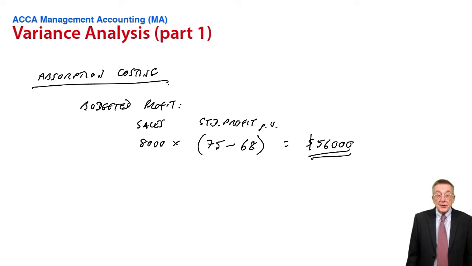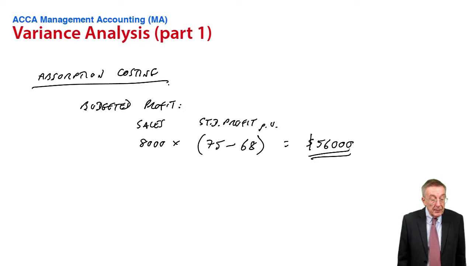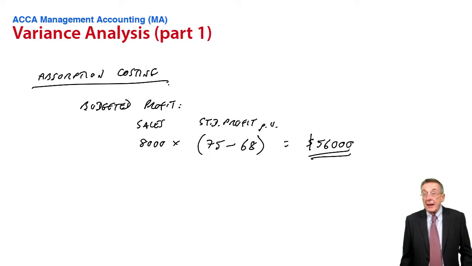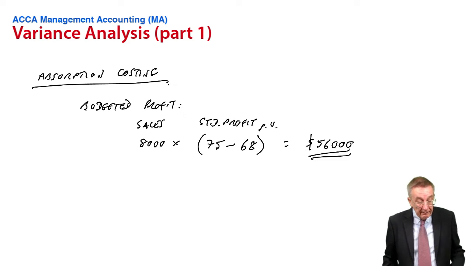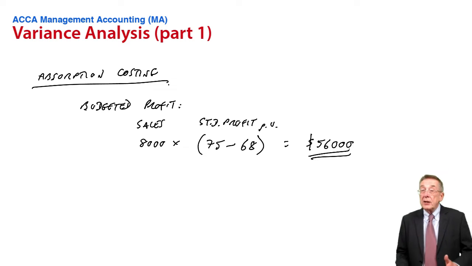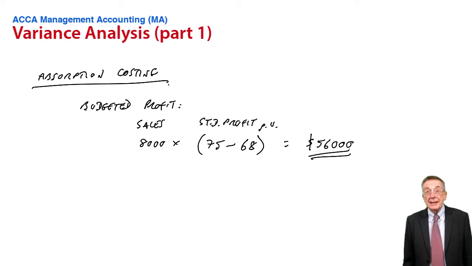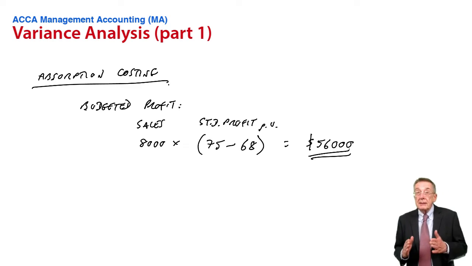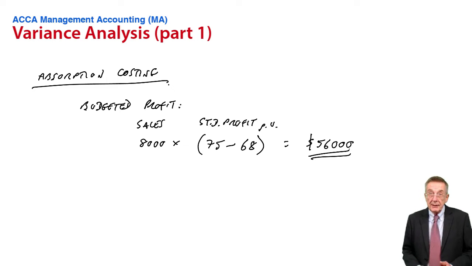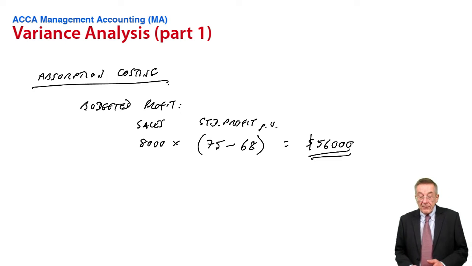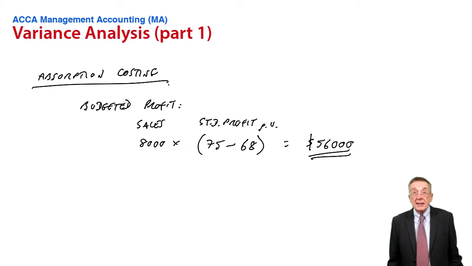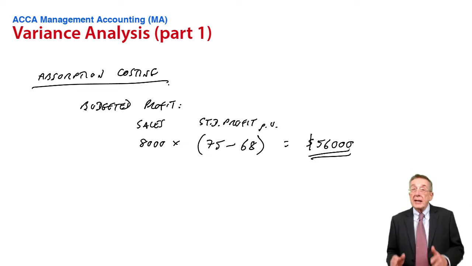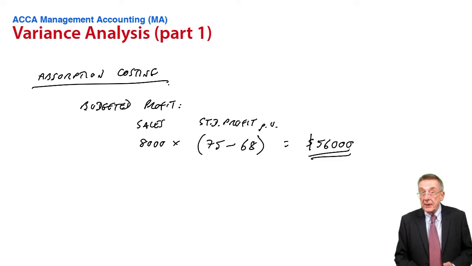And we've got there all the costs that were incurred: materials, labour, variable and fixed. Well, if you remember from that budgeting chapter, the actual costs clearly could be different from what we were budgeting. And for all those reasons, the actual profit may turn out to be different. And so ultimately, with variance analysis, our job is to explain why the actual profit is different than the budgeted profit.